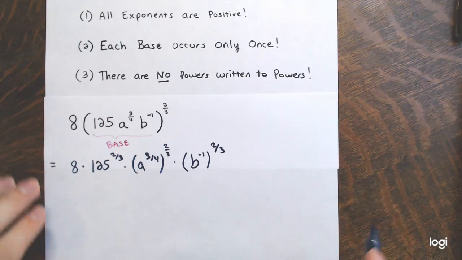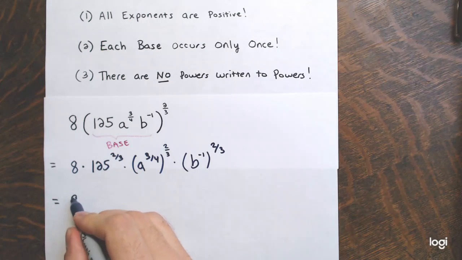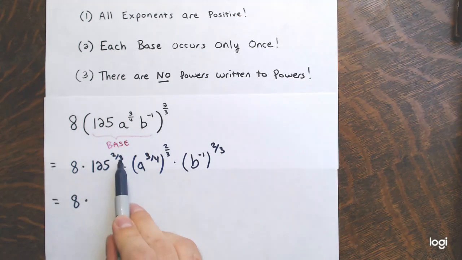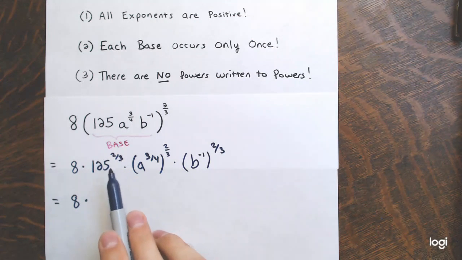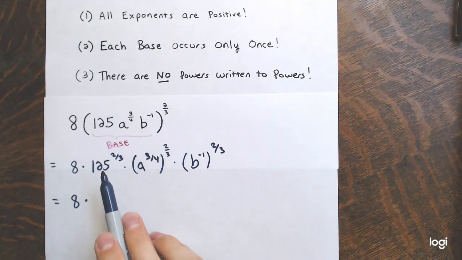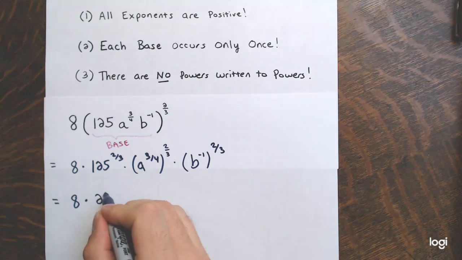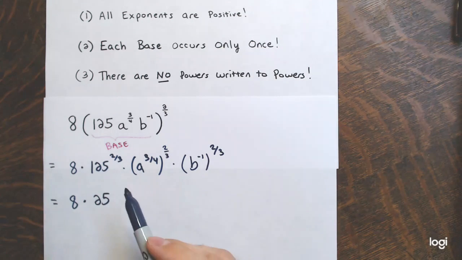Alright. Okay, so then writing these out, this is a factor of 8 still, that doesn't go anywhere, 8 times, now 125 to the 2/3, I know. What's the cube root? Right, the denominator tells you the root, right? Take the cube root of 125, which would be 5, and then square it. So that's 25. Right? 125 to the 2/3 power would be 25.